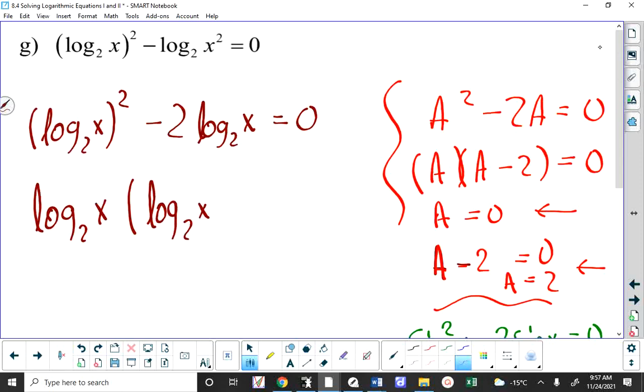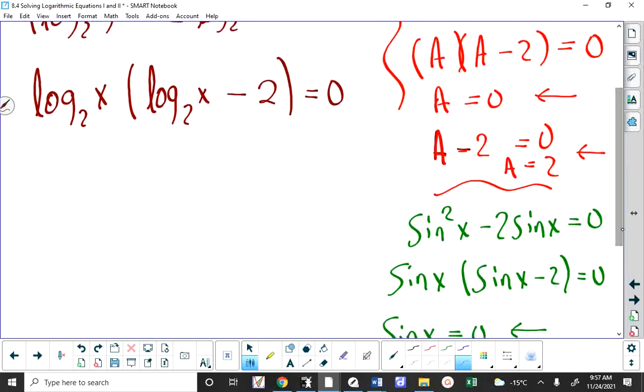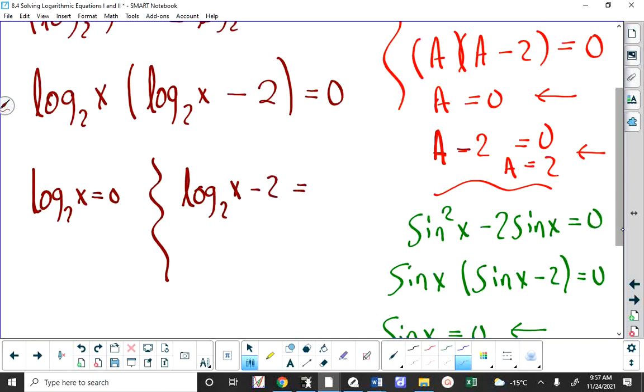Just like when I factor a out of a squared, I'm left with a. When I factor log base 2 of x out of negative 2 log base 2 of x, I'm left with 2. Just like when I factor a out of 2a, I'm left with 2. And it's negative. So now I can say log base 2 of x equals 0, and log base 2 of x minus 2 equals 0, which becomes log base 2 of x equals 2.